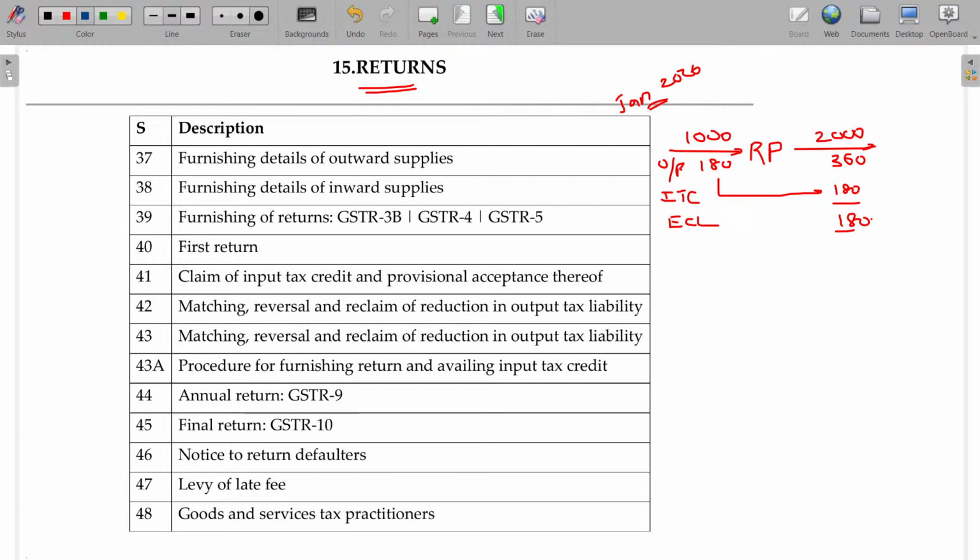Now I am going to talk about the RP, registered person. The registered person should give these details by February 10th itself.